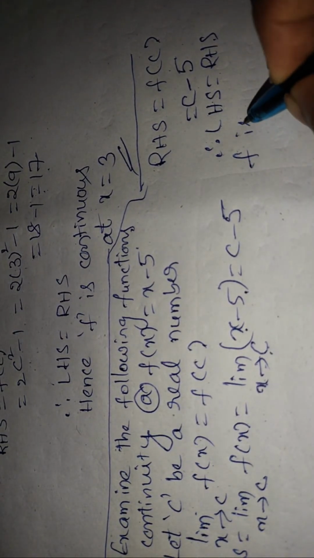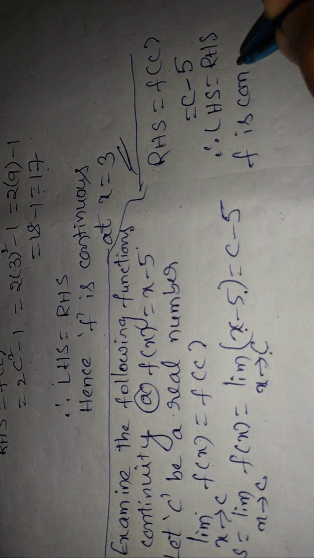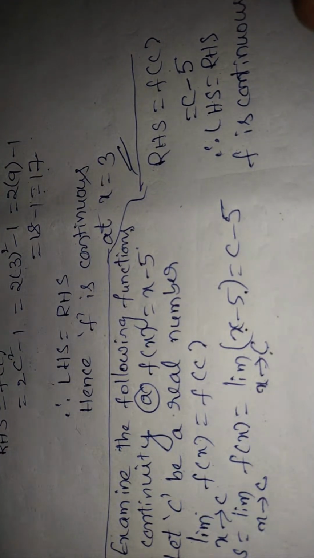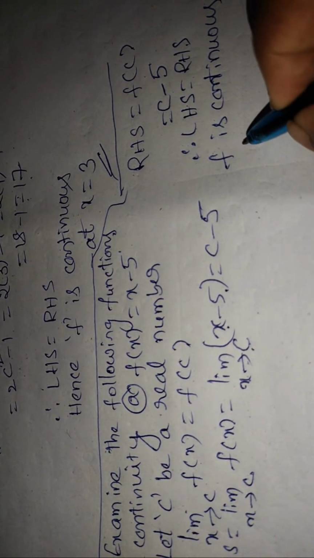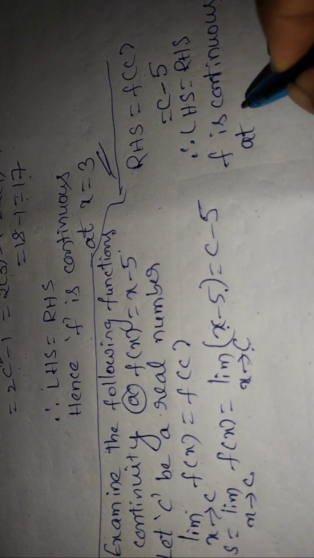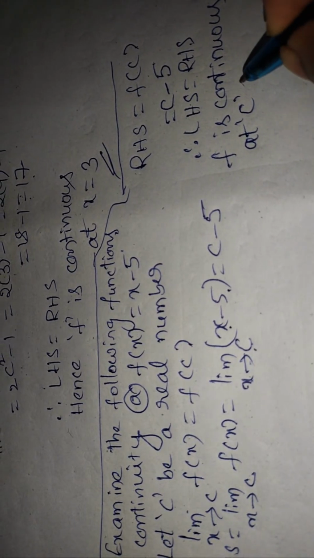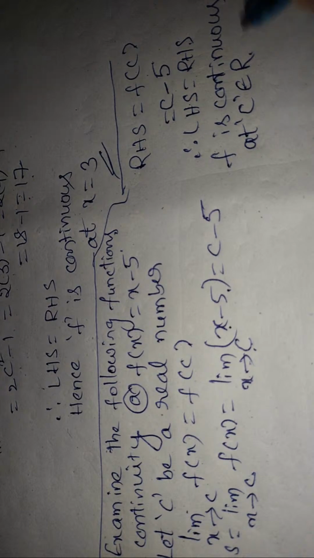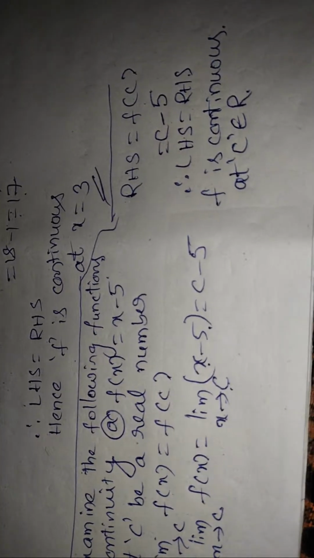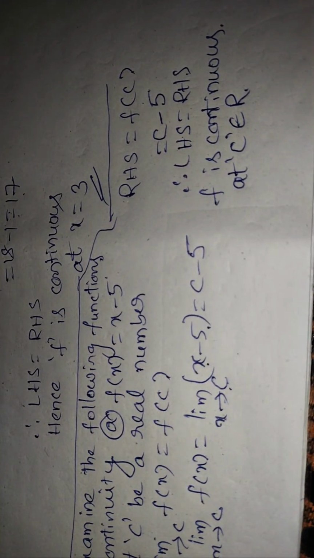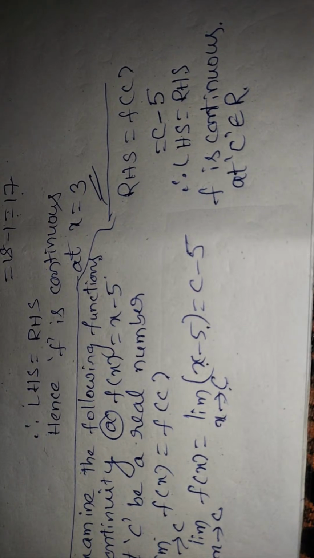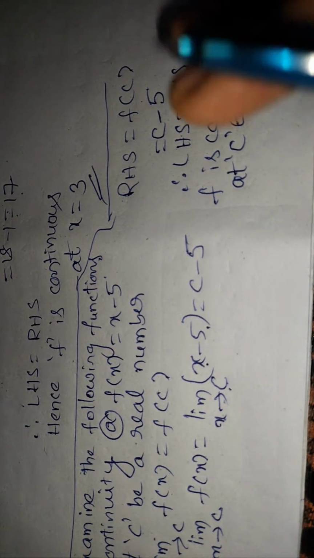Hence, f is continuous at c. c is what here? c belongs to real numbers. So, f is continuous for all real numbers in this case. So this is the solution for 3a.